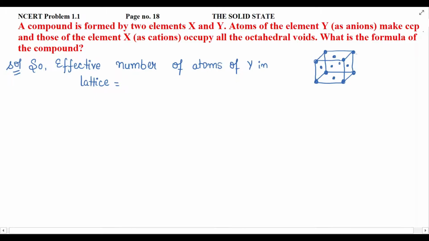Now if I'll see this atom, okay, this atom is shared by 8 unit cells. That means the contribution of this atom for one unit cell will be 1 by 8, right?